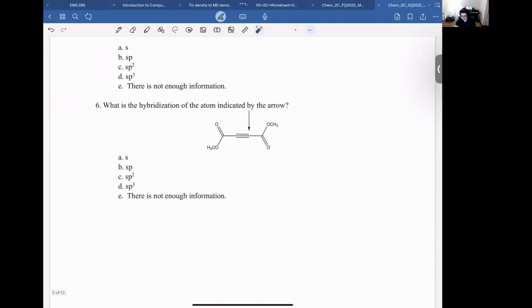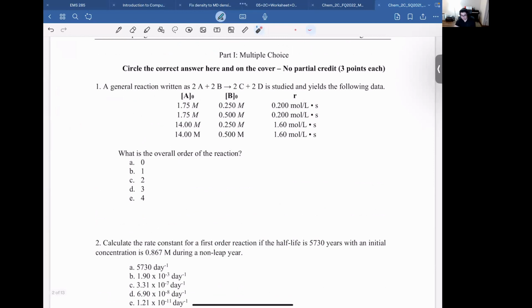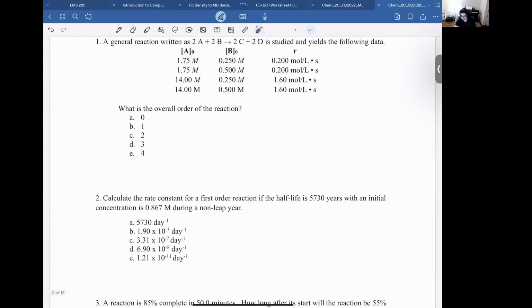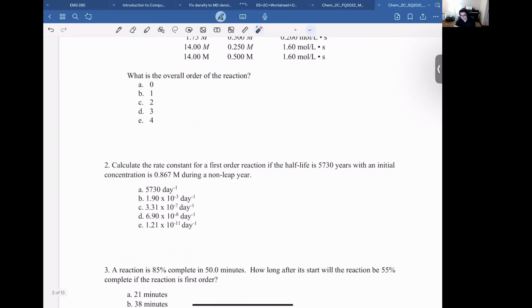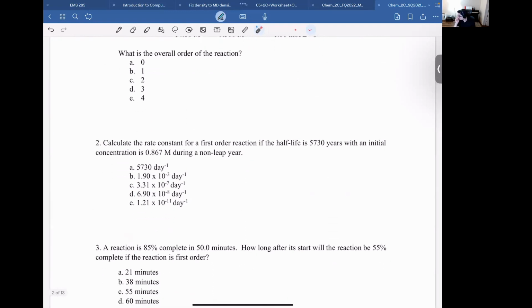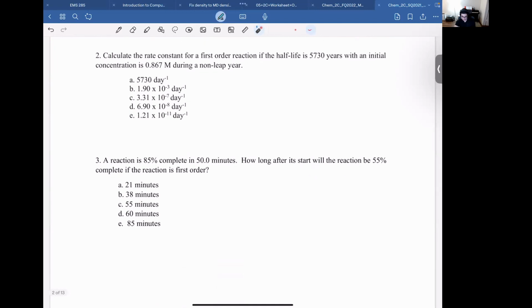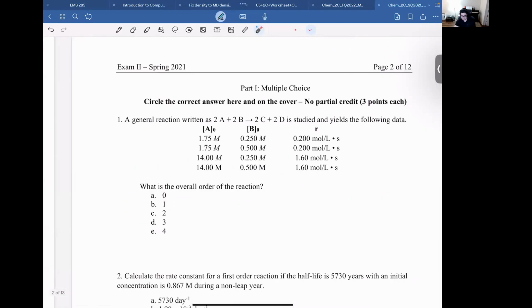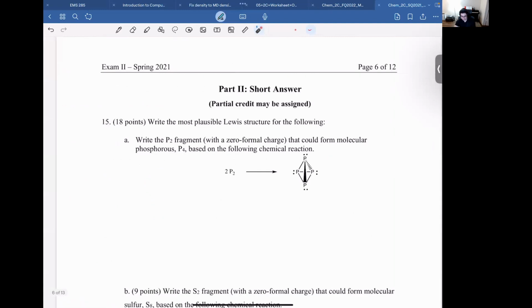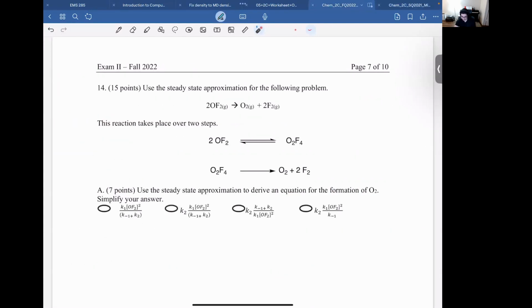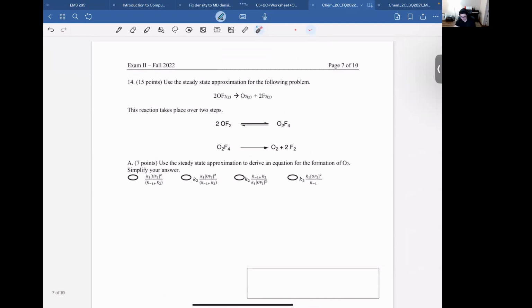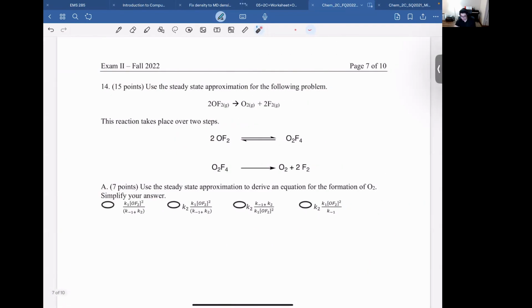Functional groups, we've done hybridization, we've done pseudo steady state, we've done rates, we've done integrated rate law, we've done overall rates. I think that's pretty much everything. First order reaction, that one we did. I don't really know what else to do, since a lot of these are going to be repeats.